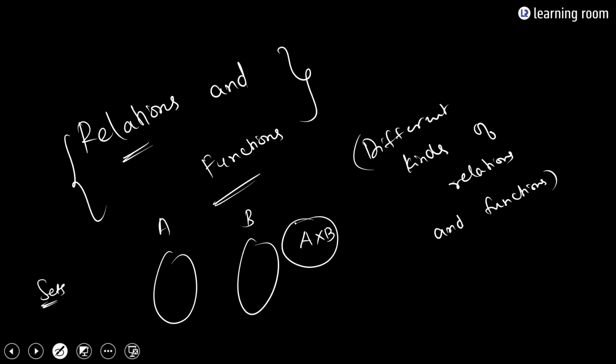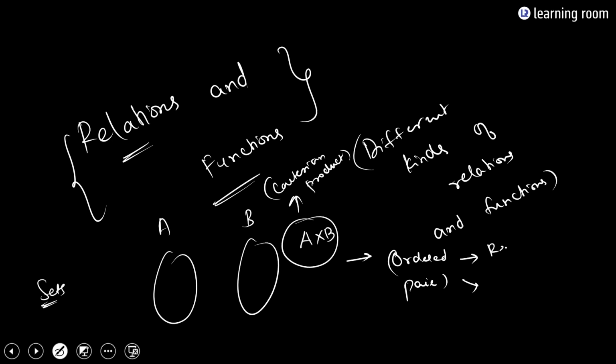What is A cross B? It's called the Cartesian product. When you do A cross B, what is going to be the output of it? It will be ordered pairs. This ordered pair will tell you whether this operation is going to give you a relation or a function.